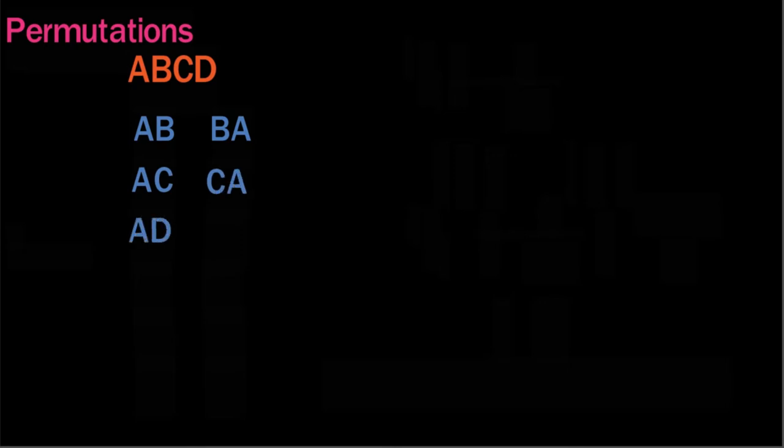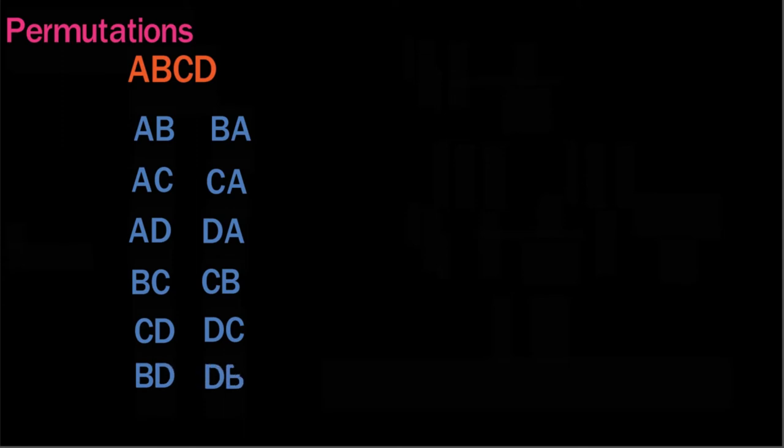Let's say we have the example of A, B, C, D, and we want to find out in how many ways we can arrange two characters out of these four characters A, B, C, D. So we list AB, BA, AC, CA, AD, DA, BC, CB, CD, DC, BD, DB, and finally we have these 12 different arrangements.